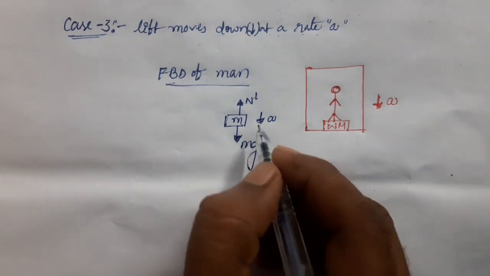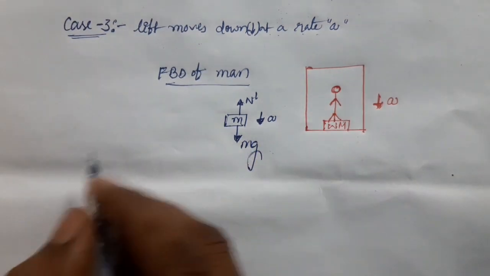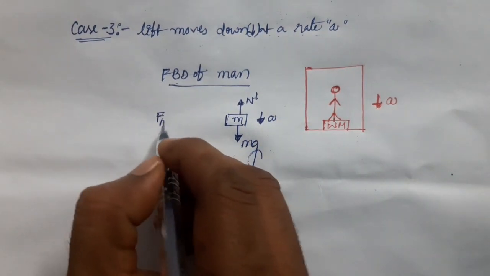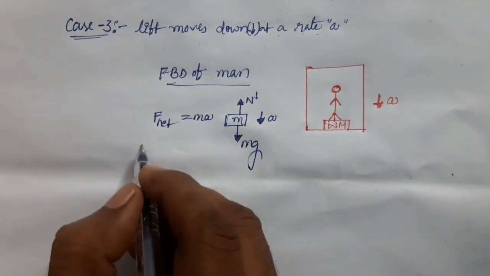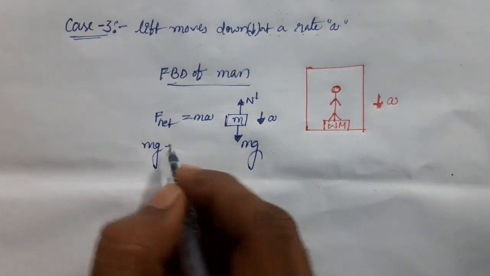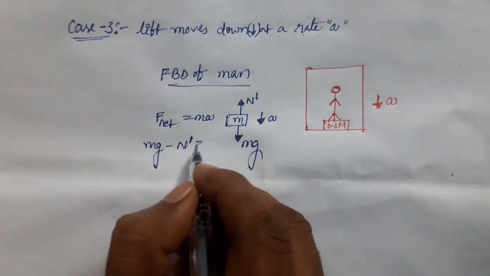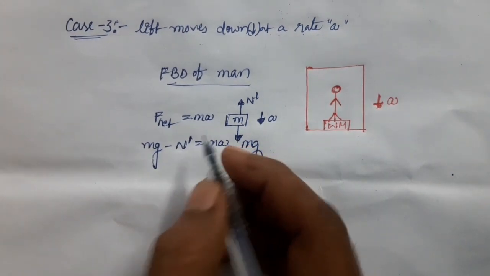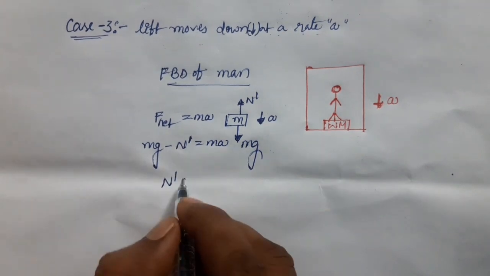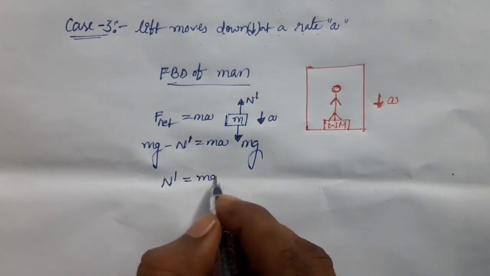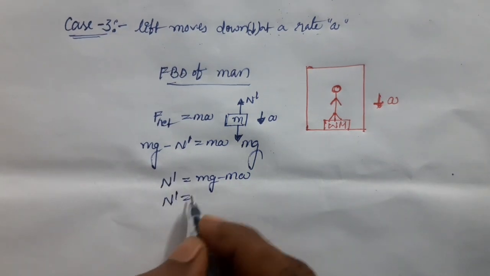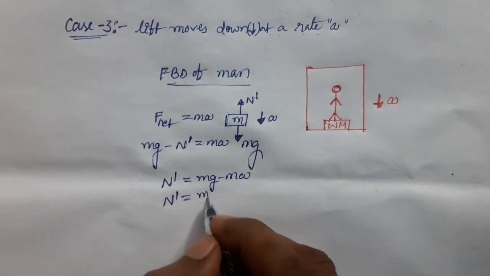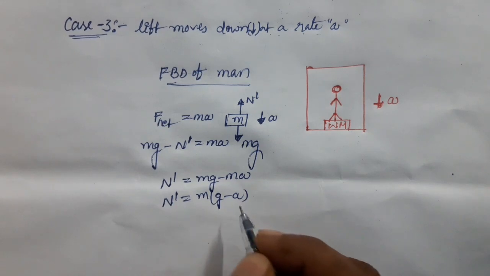So here we can write the equation by using Newton's second law. F net is equal to ma. Here driving force is mg, students, and opposing force n dash, so mg minus n dash is equal to ma. From this n dash can be written as mg minus ma. Taking m common, m of g minus a, students.